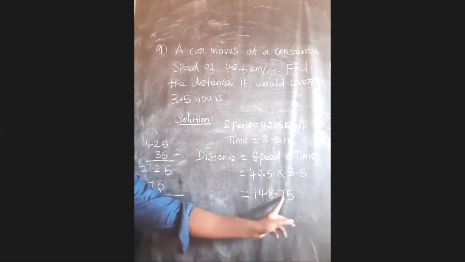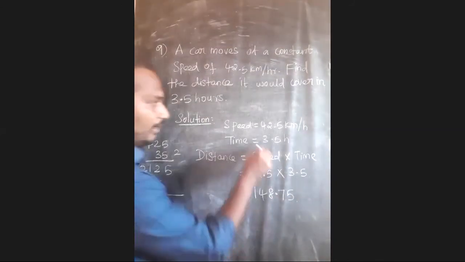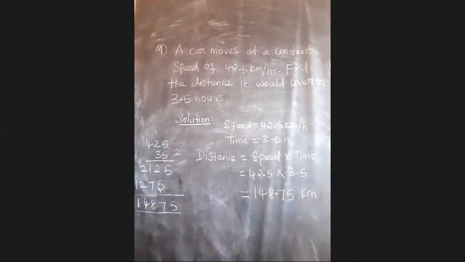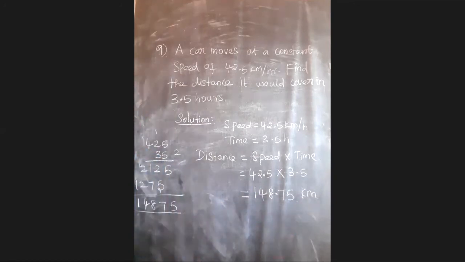So 148.75 is the answer for the question. Very important, kilometer must be written. So 148.75 kilometers is the right answer. Please note it down fast. After you completed this, please send a message, completed, sir.